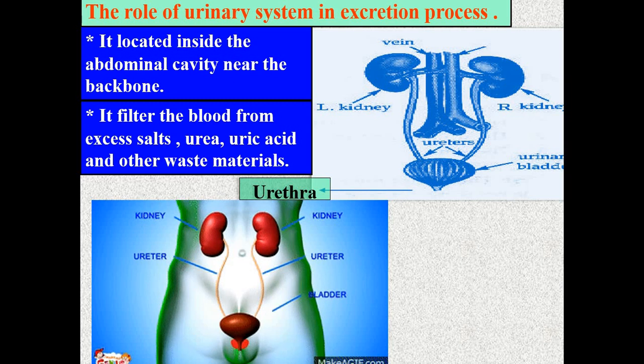So what is the function of the urinary system? It filters the blood from excess salt, urea, uric acid, and other waste material, helping the body get rid of them. It is found in the abdominal cavity near the backbone.